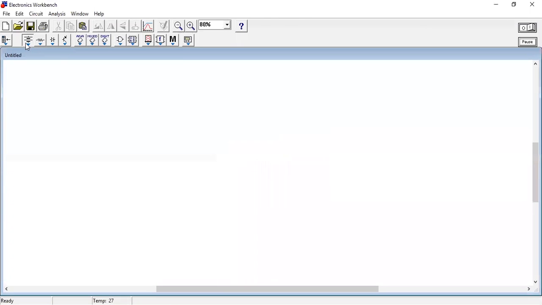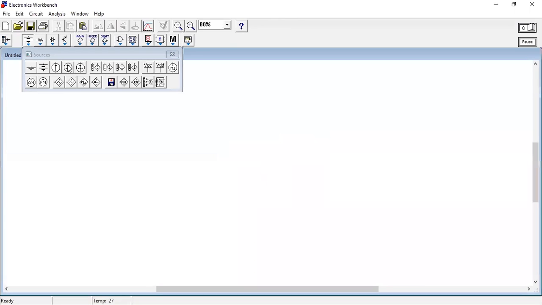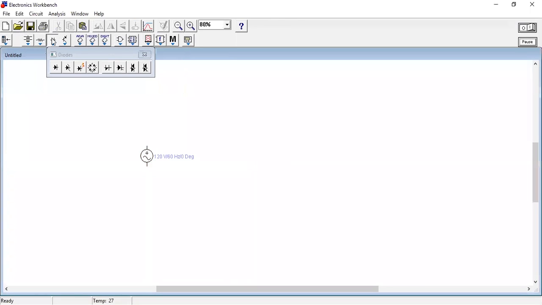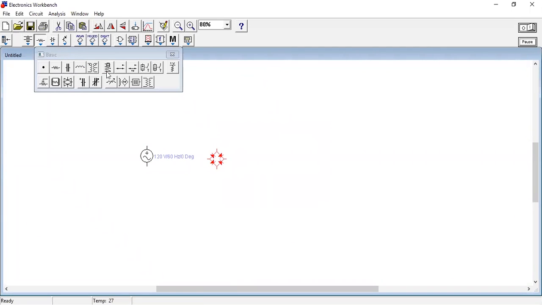Normally we want an AC source and diodes and capacitors and resistance and ground, and we want to rotate the resistance, and we want the ground symbol and CRO.